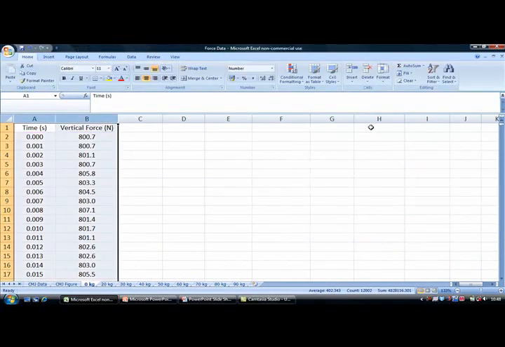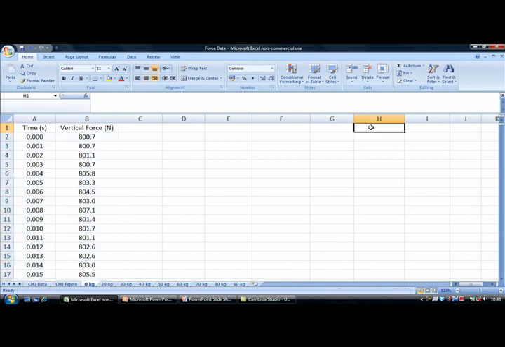The first thing that we need to do, as I mentioned in terms of calculating impulse, is to subtract our body weight from these vertical data, because if we have forces equal to body weight we're not moving, so our impulses relate to how much force is generated above or below our body weight value.